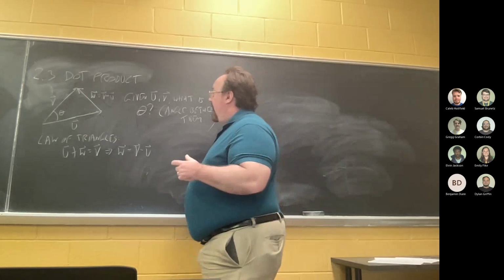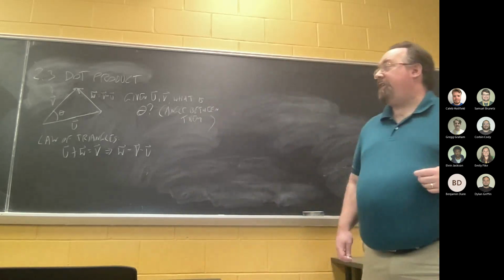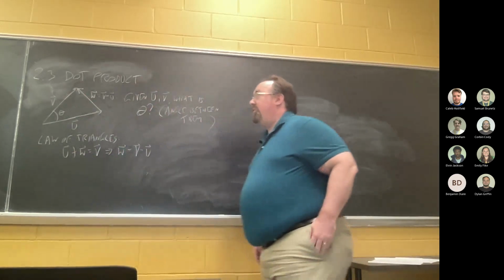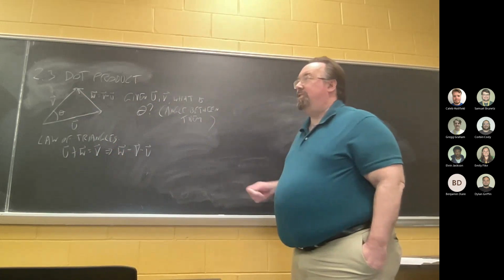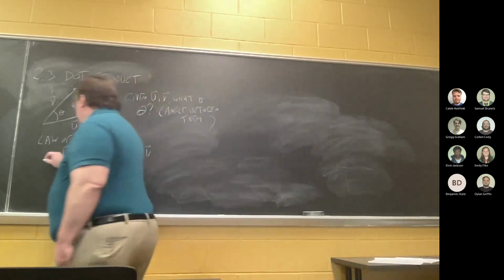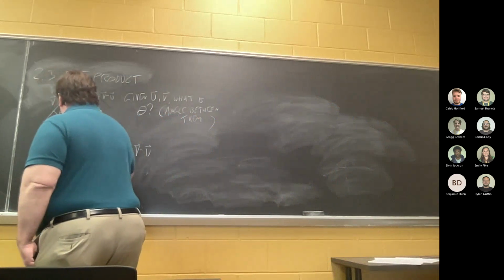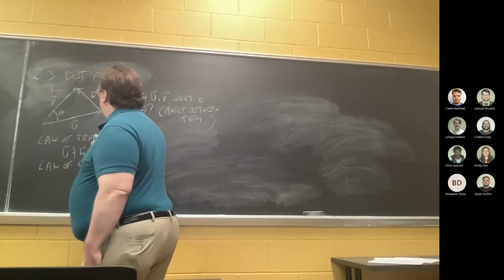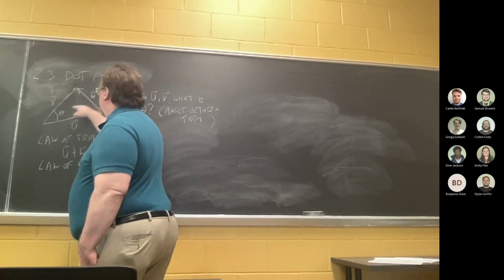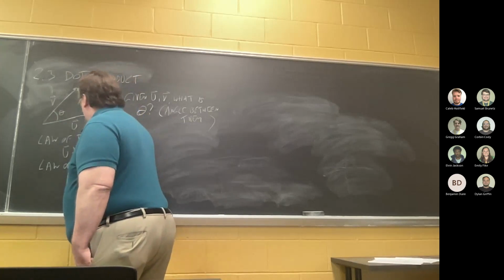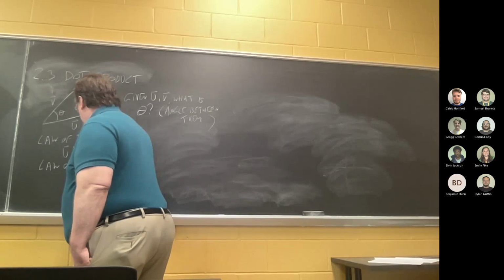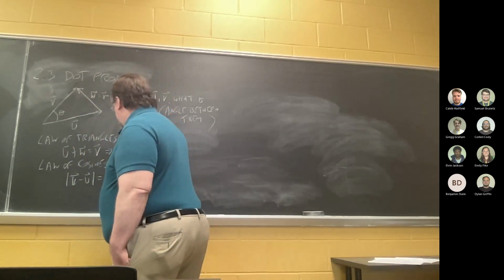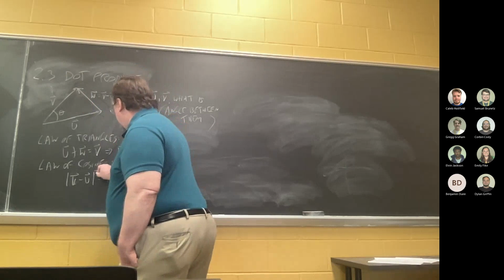Then I could use the law of cosines from trig, which relates all three sides of this triangle. You can think of it as a generalization of the Pythagorean theorem. The law of cosines says that the square of the length of the side opposite the angle theta, so the magnitude of v minus u squared, is equal to the sum of squares of the lengths of the other two sides.